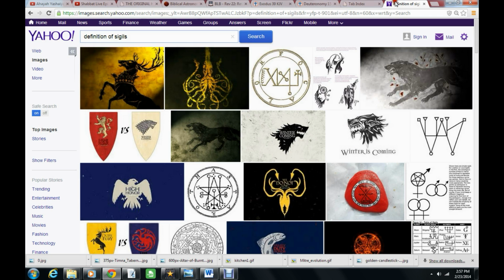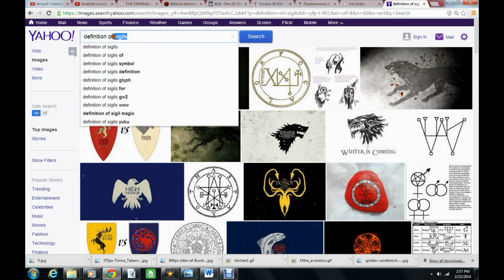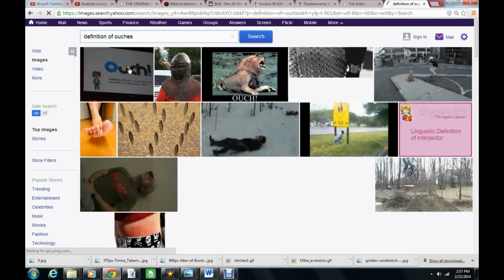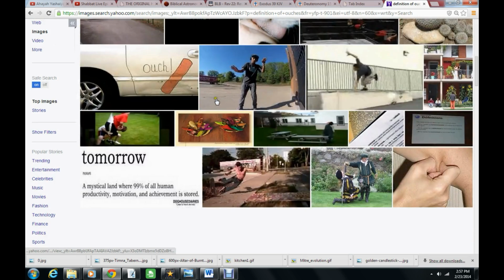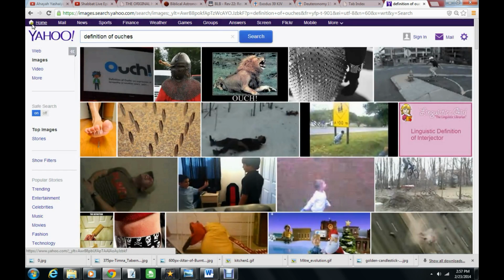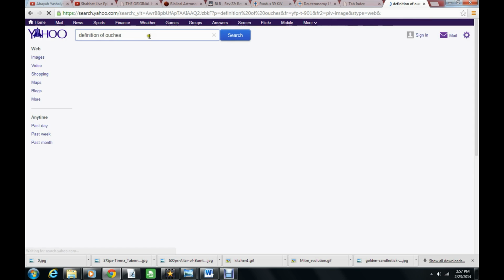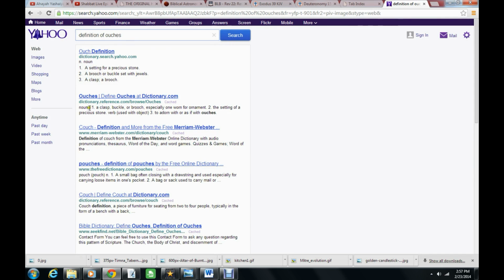So let's see what ouches are. Ouches. Alright, let me go right here. Okay, so it's a clasp, buckle, a brooch, especially one worn for ornament.